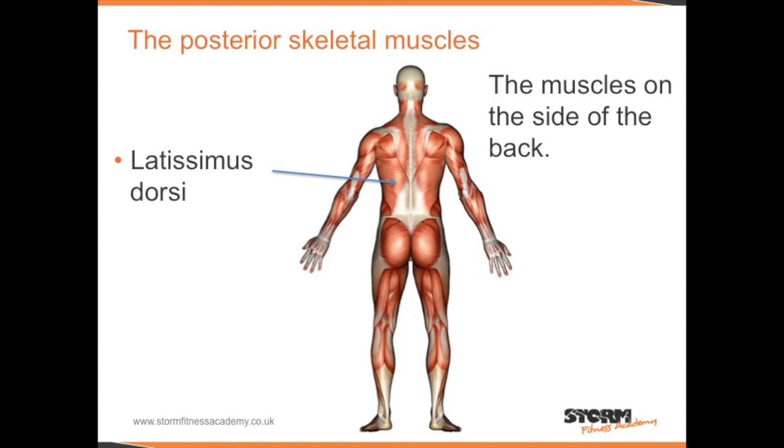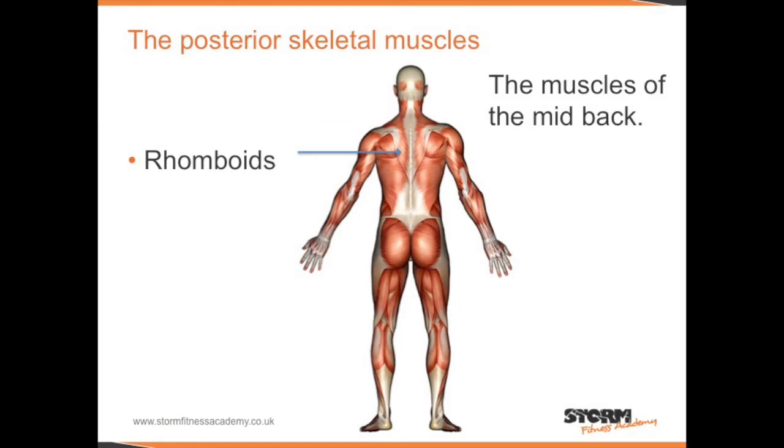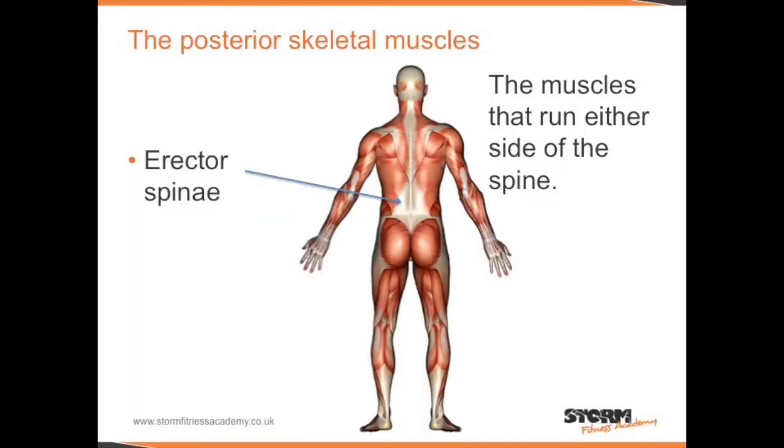These are the muscles on the side of the back. Trapezius. These are the muscles of the upper back. Rhomboids. These are the muscles of the mid-back. Erector spinae. These are the muscles that run either side of the spine.